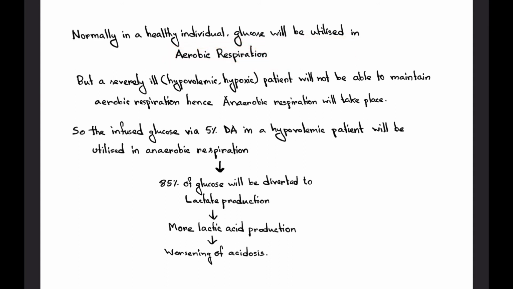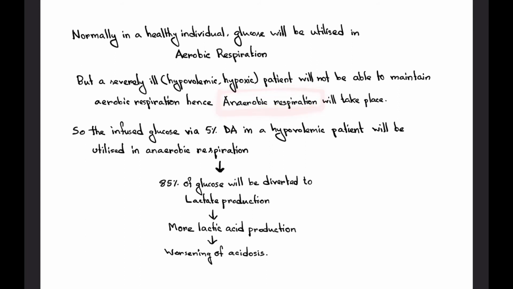So this is okay, and this is maintained in a healthy individual. But in a severely ill patient, say a hypovolemic or hypoxic patient, he or she will not be able to maintain aerobic respiration, as there is decreased oxygen due to hypovolemia. So there will be anaerobic respiration at the cellular level. And already in a hypovolemic patient there is anaerobic respiration.